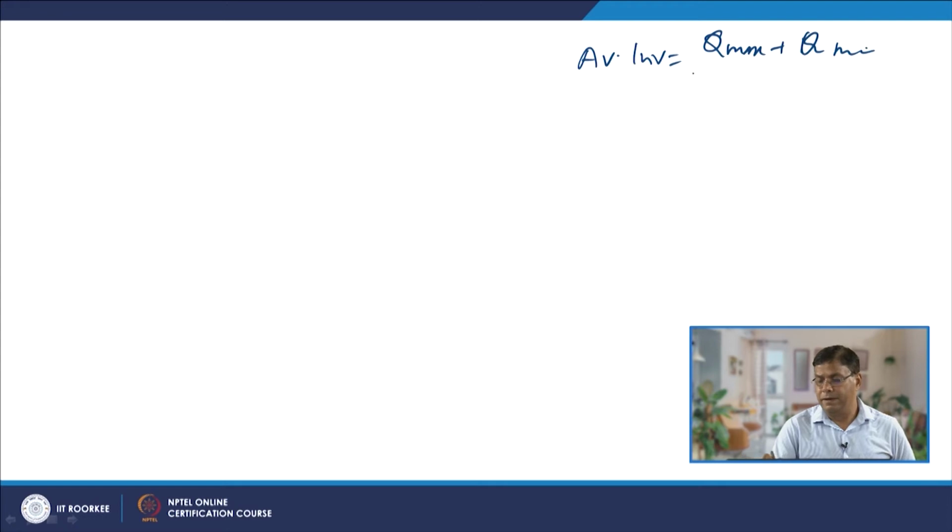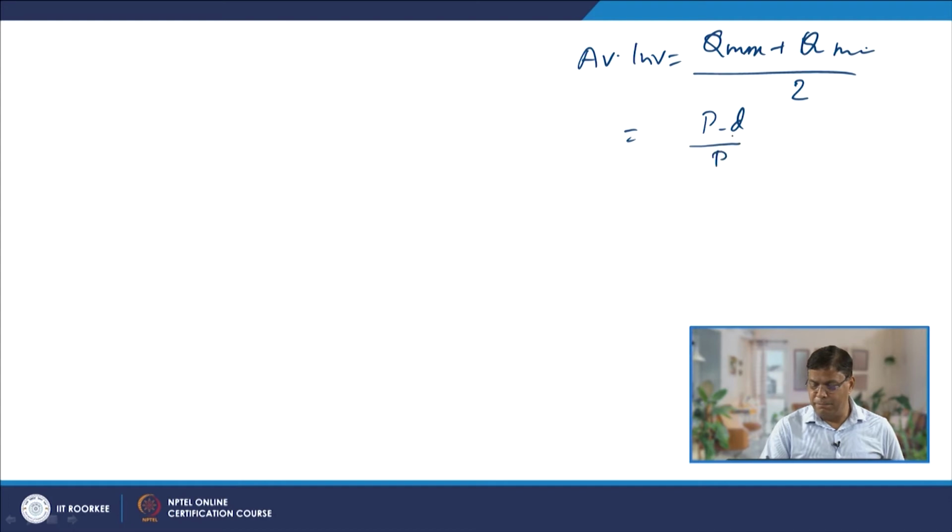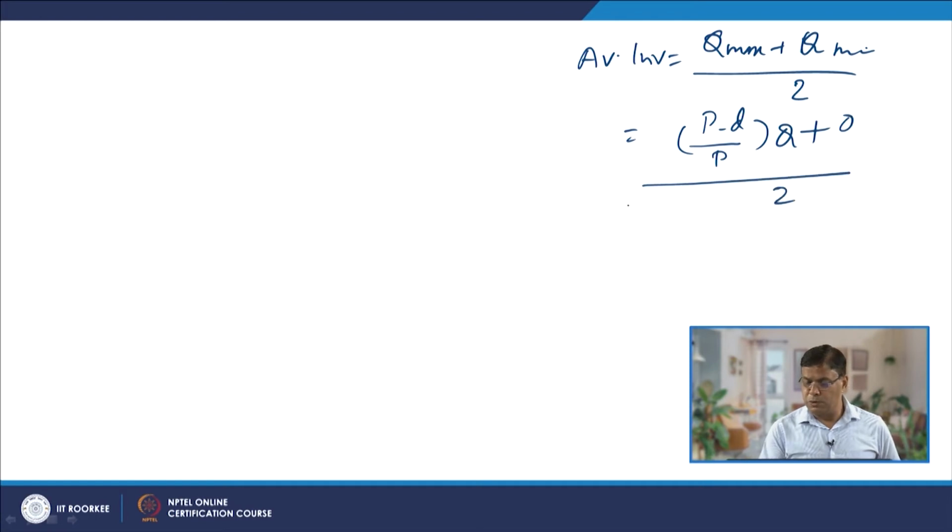Now, if we have to determine the average inventory, then that will be (Q max plus Q minimum) divided by 2. So, here ((P minus D) divided by P into Q plus 0) divided by 2. So, this gives us Q by 2 into (P minus D) divided by P.